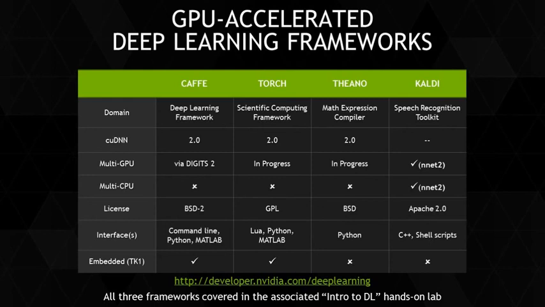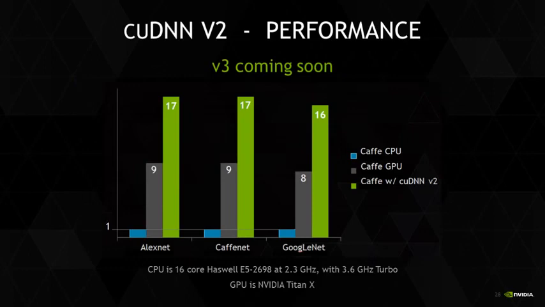We see that under all of the first three frameworks, Caffe, Torch, and Theano, they are integrated with NVIDIA's cuDNN. So what is the effect of integrating cuDNN into those frameworks? We find, based on cuDNN version 2, that taking Caffe as an example, in this bar chart we show the performance for training three very popular convolutional neural network architectures that are used for computer vision: AlexNet, CaffeNet, and GoogleNet.